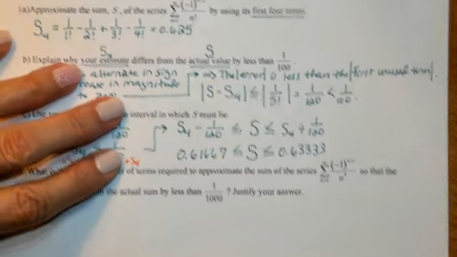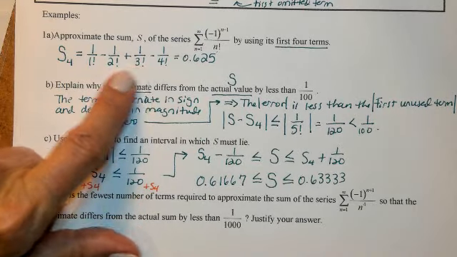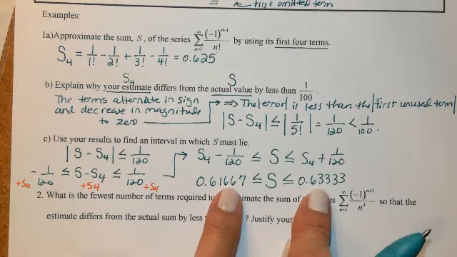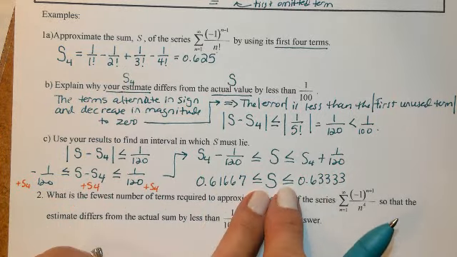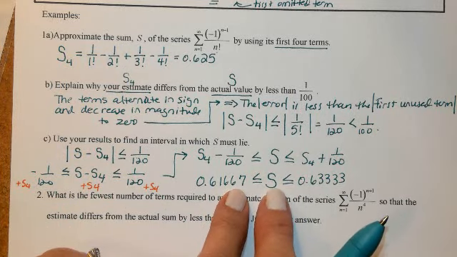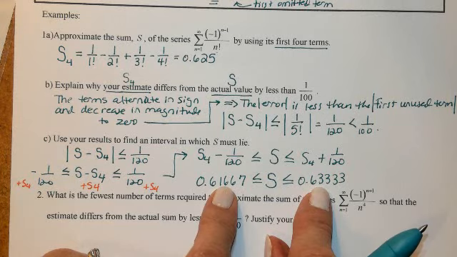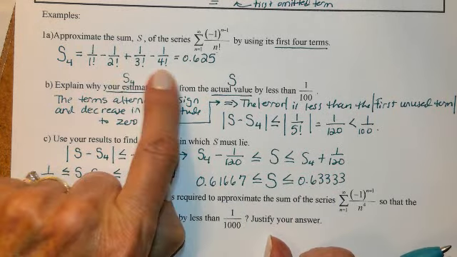So even though we only used 4 terms in the approximation, look what a great approximation for the actual infinite sum that was. That's a pretty tight interval for only using 4 terms.